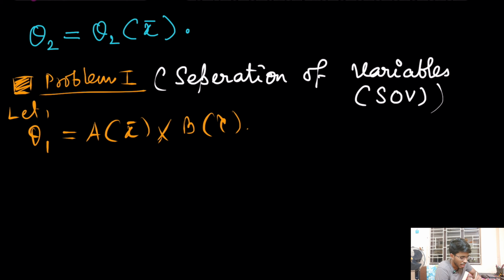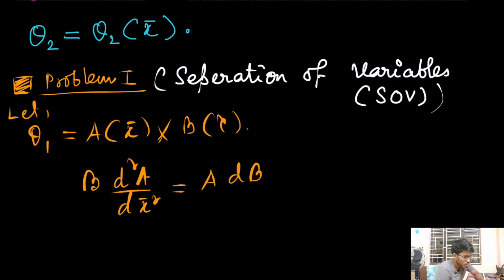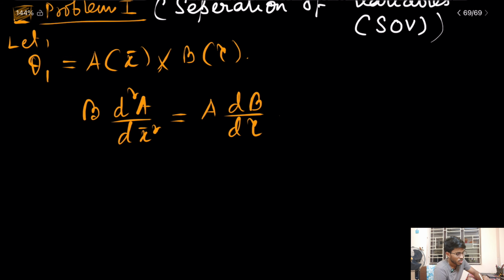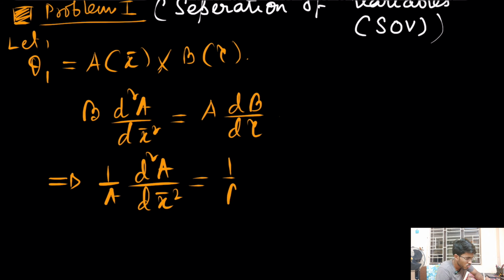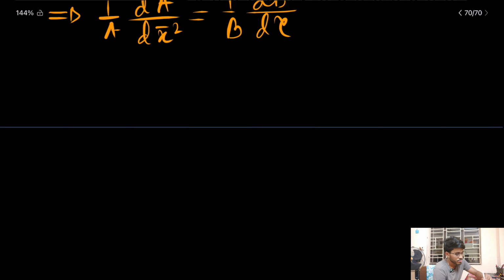If I put this in my governing equation, I will have b times d2a/dx bar 2 is equal to a times db/d tau. If I further manipulate it, then 1 by a d2a/dx bar 2 is equal to 1 by b db/d tau.